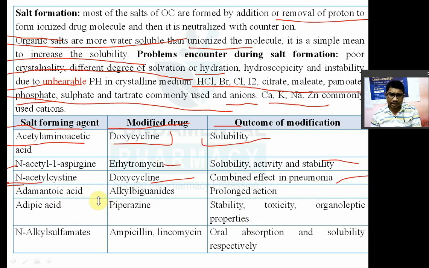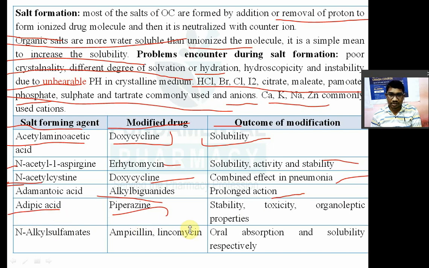Then alkyl biguanides, which are antidiabetic drugs, form salts with adamantoic acid, to increase the duration of action and prolong the action, right? Piperazine forms a salt with adipic acid.